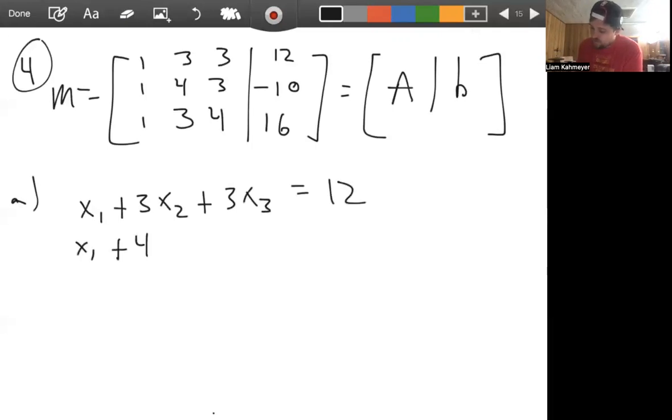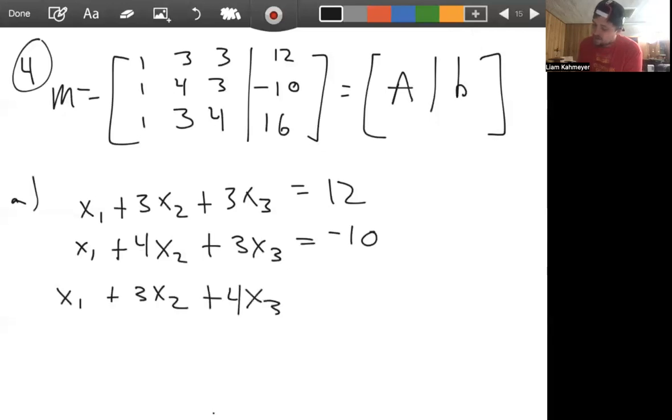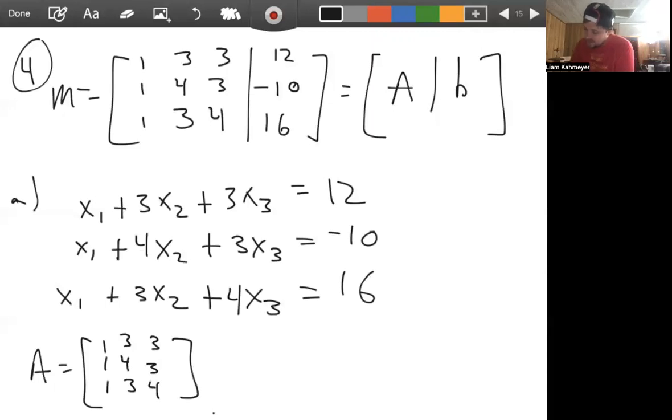x1 plus 4x2 plus 3x3 equals negative 10. And then x1 plus 3x2 plus 4x3 equals 16. And so here A would be the matrix 1, 1, 1, 3, 4, 3, 3, 3, 4. And then X would, of course, be x1, x2, x3.